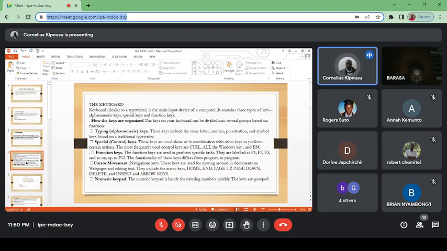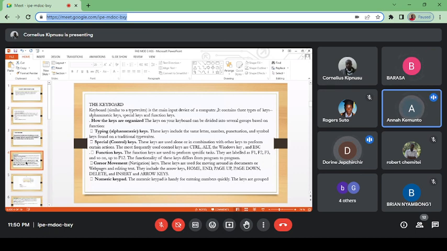Another type of key, we have the cursor movement or the navigation keys. Can we have Anne take us through? Cursor movement, also known as navigation keys. They are used to move around in documents.